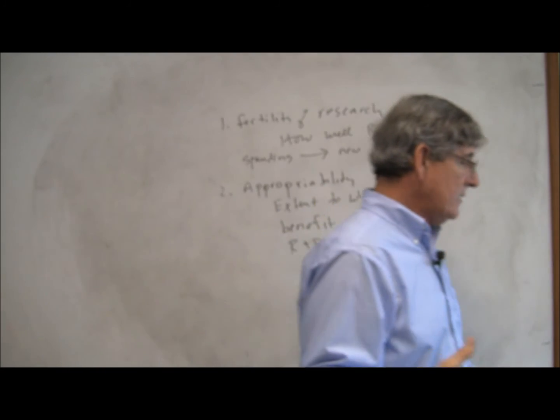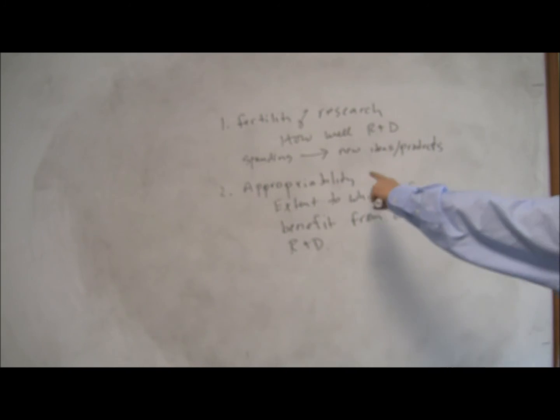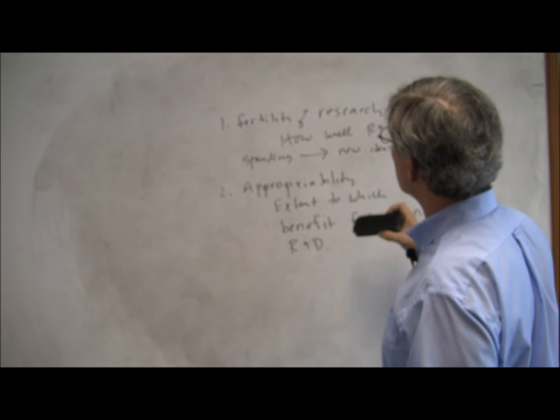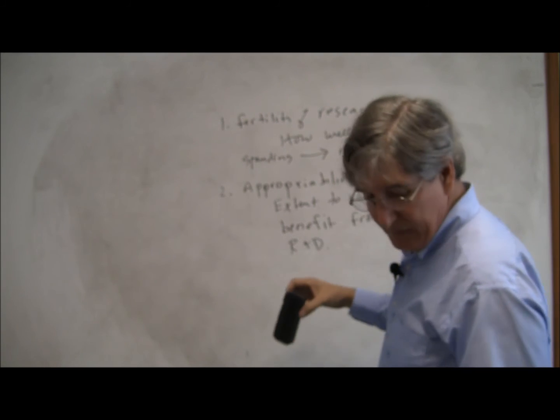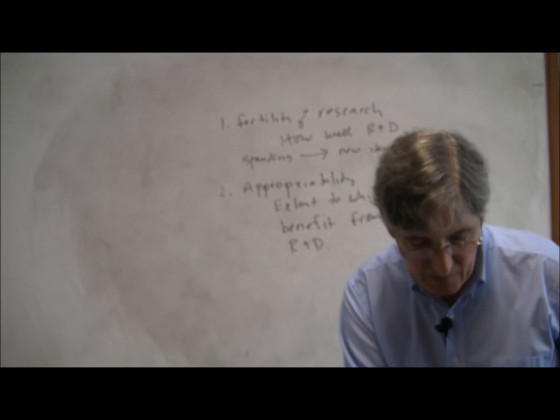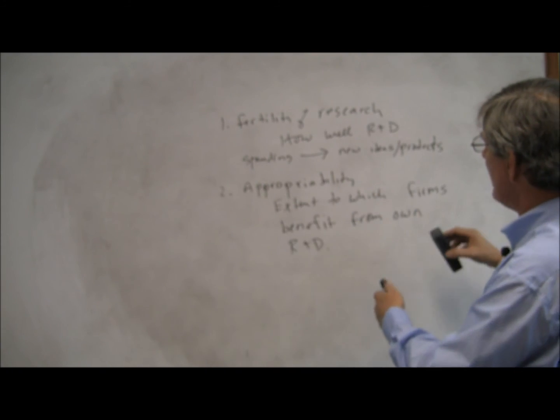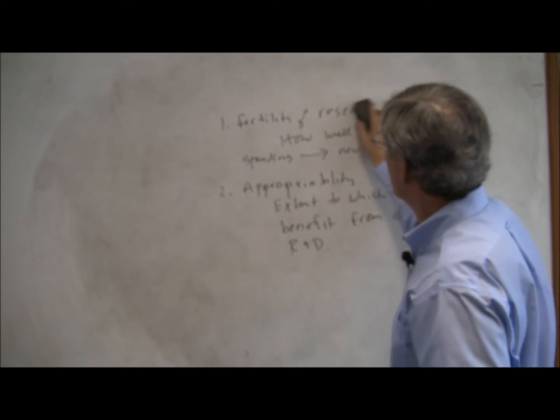And so you need to encourage R&D that's effective in some way. You don't want government programs that just have people doing whatever. You want them doing things that are fertile, that turn into new ideas. And when they do that, you want to make sure they're able to capture the fruits of their own labor.